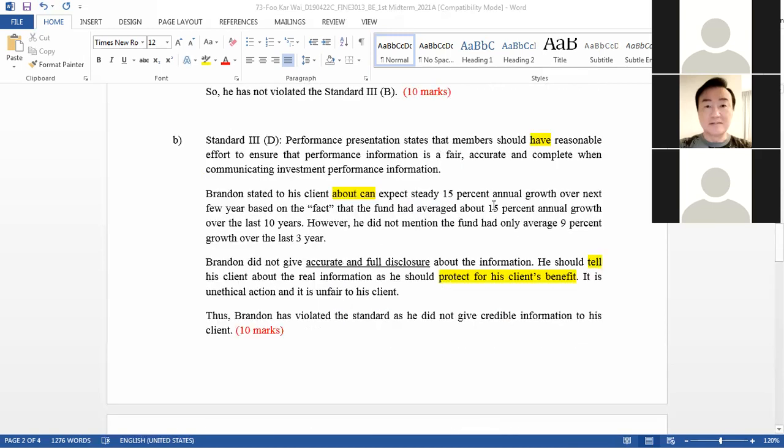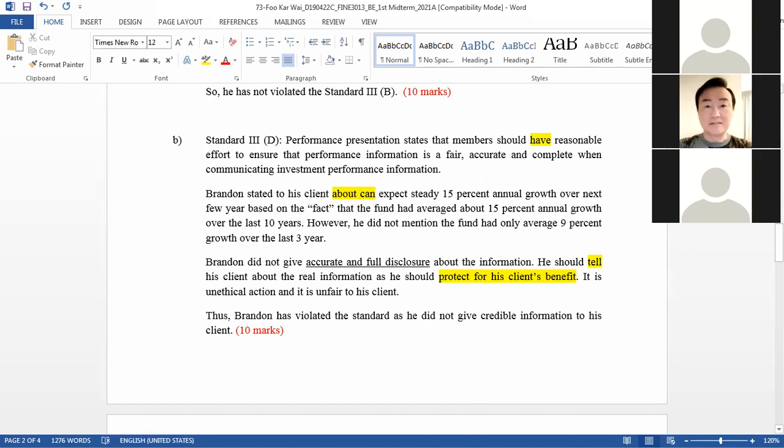Right, B also you got 10 marks. Now this word here, should make reasonable efforts, not should have reasonable effort, should make reasonable effort, right? Brandon stated to his client about Ken, maybe like that, right?